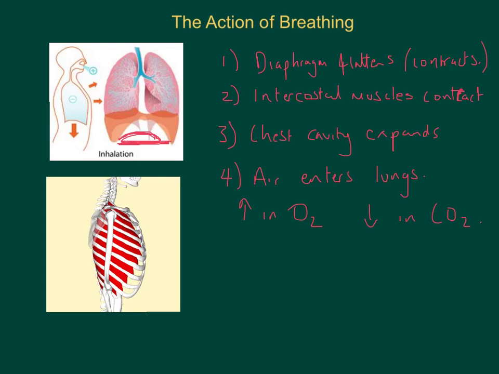Breathing out, on the other hand, is just the reverse process. So what happens is the diaphragm and the intercostal muscles both relax. Okay, and because they relax, our diaphragm is now in its dome shape, so that squeezes the air up, and because the intercostal muscles have relaxed, the ribs then return to their normal state, squeezing that air out.